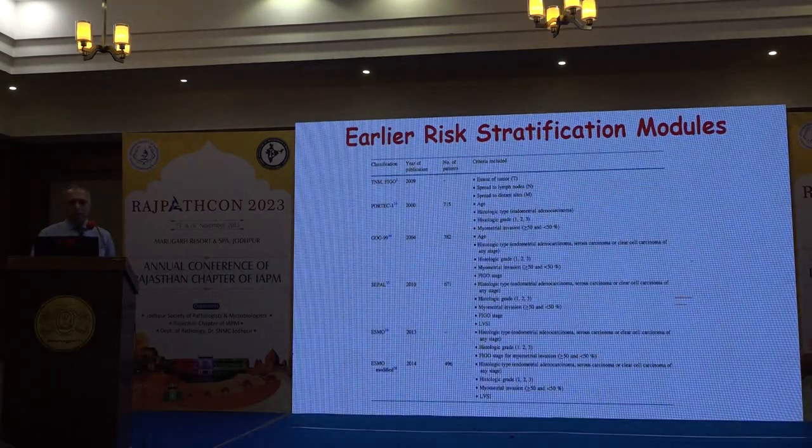Now there were a lot of risk stratification modules mostly described by clinical societies, particularly the radiotherapy society associations. They have tried to come up with and evaluated many of these risk stratification modules. We were also talking in the context of thyroid about risk stratification, which is so relevant for endometrial cancers as well. These modules, as you can see over here, mostly focus on histologic parameters.